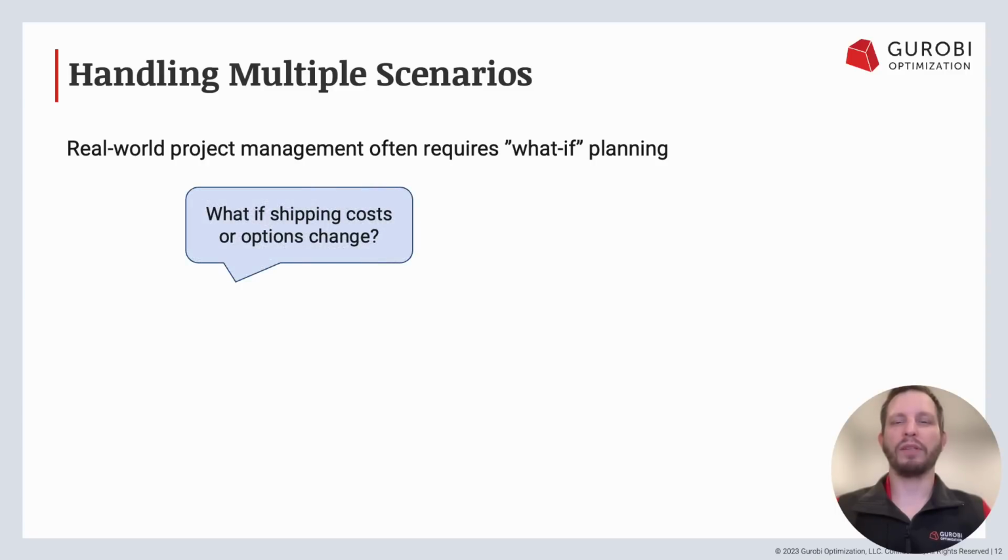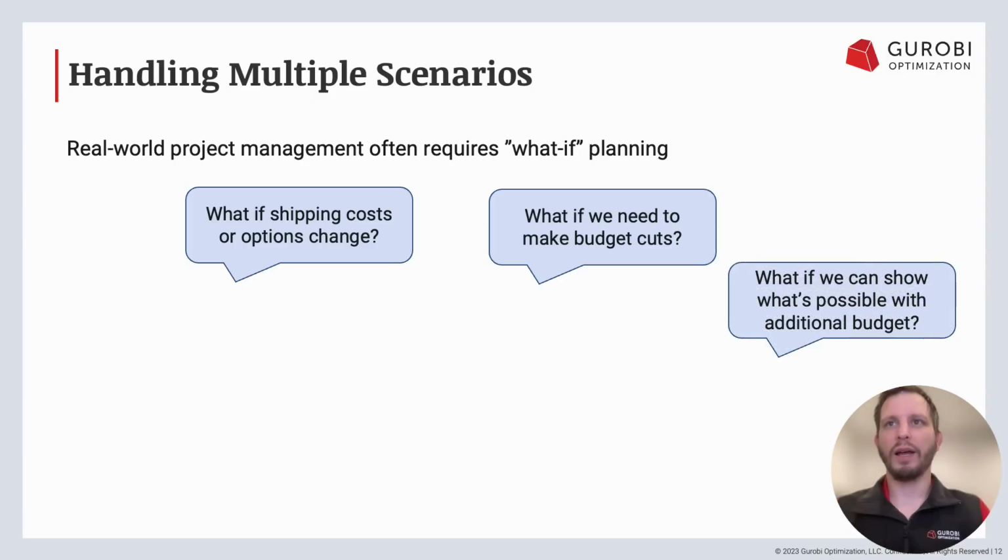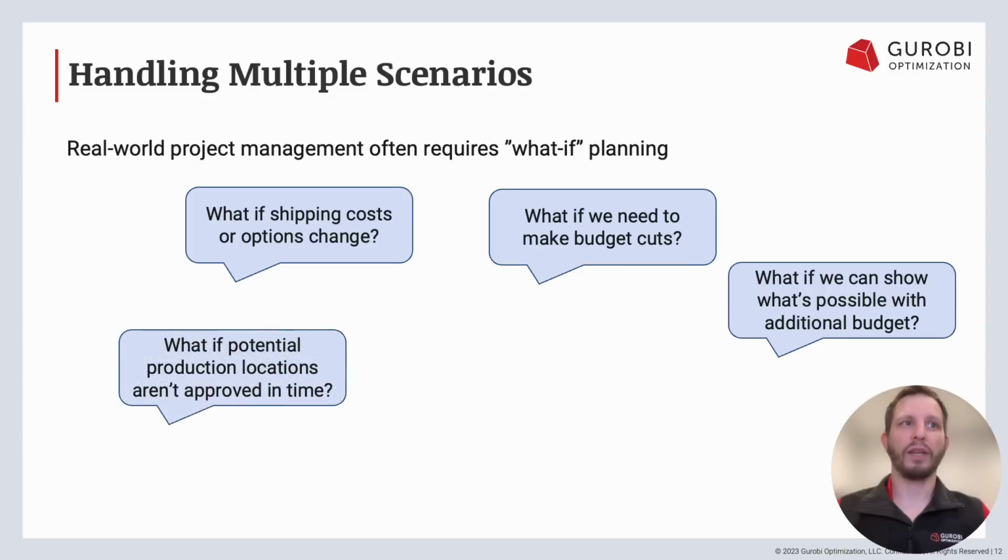So maybe someone's going to ask you, well, what if shipping costs change, or what if the options that we have to ship change? What if we need to make budget cuts, really significant budget cuts? On the other side of that, what if we can show what's possible with additional budget? Maybe there's a lot of ROI by giving a small increase in the budget.